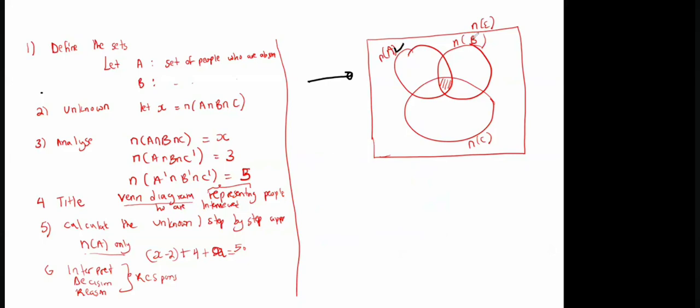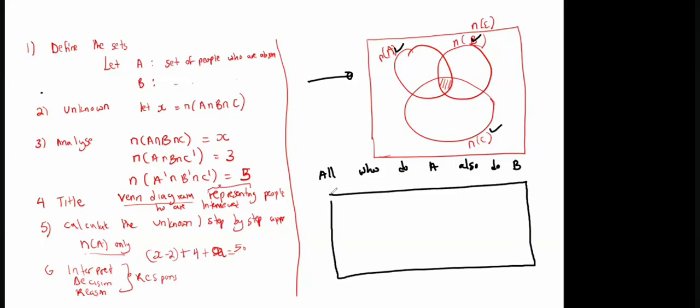Let me say A, B, and C. Then they can tell you that all the people who do A also do B. Something like that. That all the people who do A are also doing B.